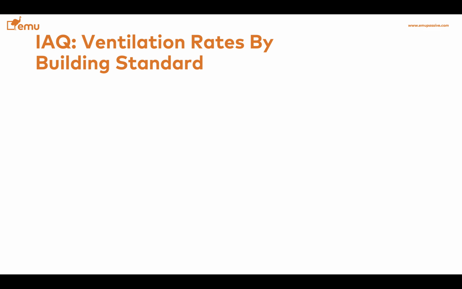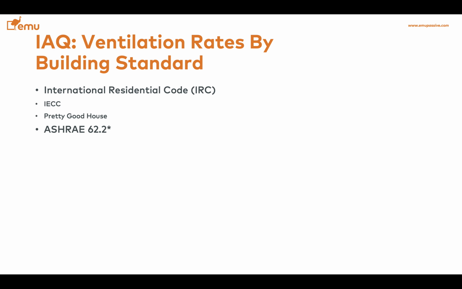Looking at the ventilation rates required by building standard, we talked about the International Residential Code, which applies to the ICC and the Pretty Good House. Then ASHRAE 62.2 is adopted by California Title 24, Energy Star, and the DOE Zero Energy Ready Home.